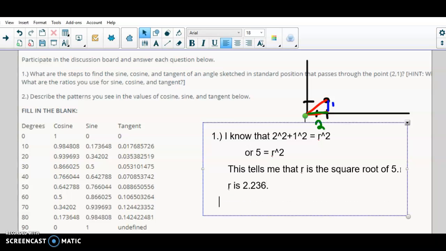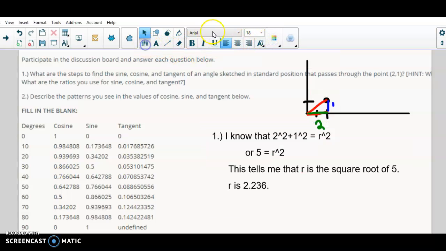So if I'm trying to figure out my sine, cosine, and tangent, I know my x is 2. Let's label this. I know my x is 2 and my y is 1. So if I'm going to write these out, I'm going to type them in.